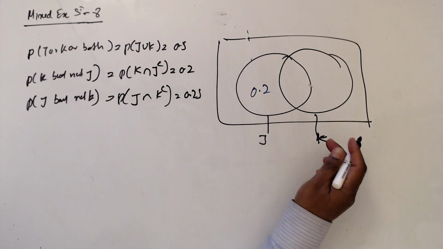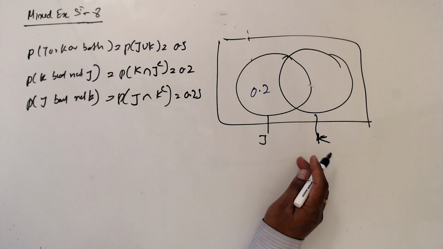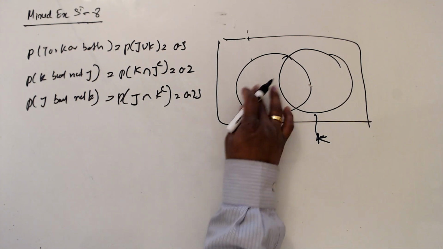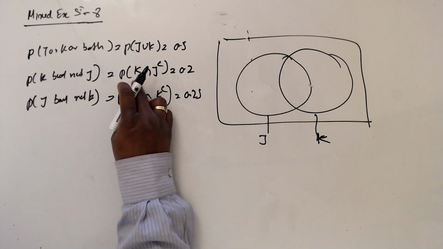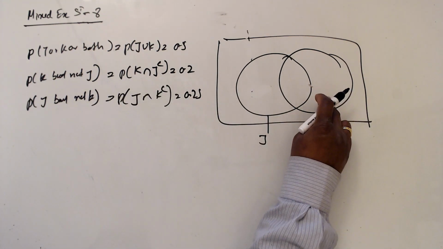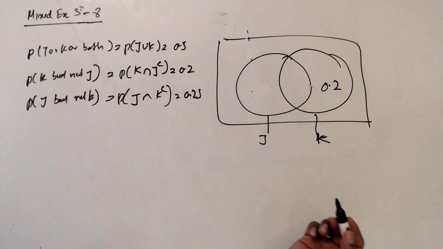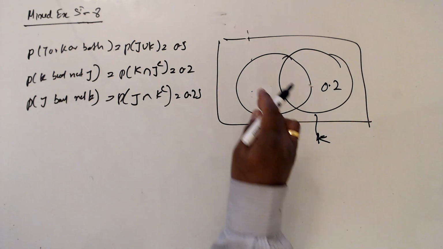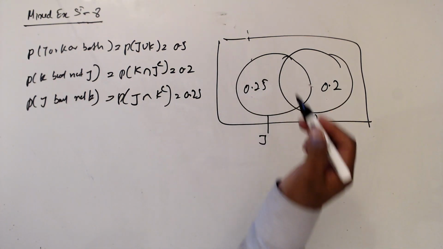So that is, did I make a mistake here? So we need here K but not J, yes, sorry. So this is the area 0.2, K but not J. Now this is J we need, not K, meaning this area, 0.25.